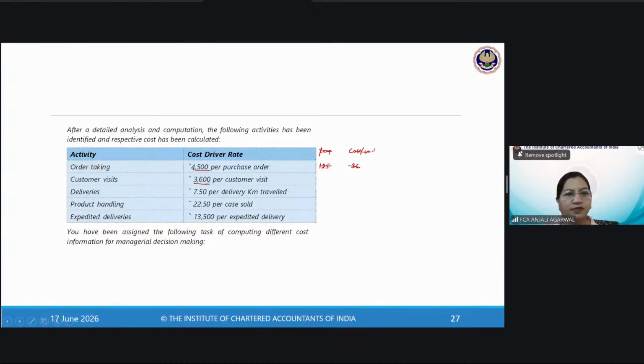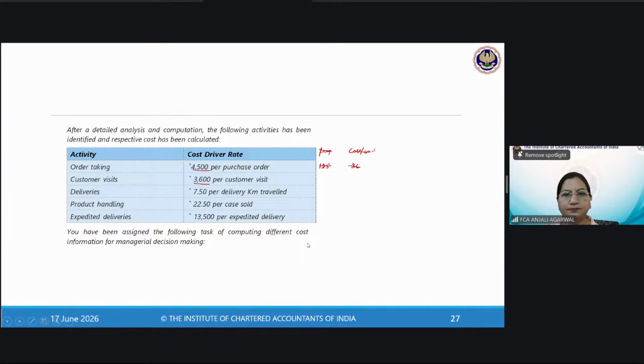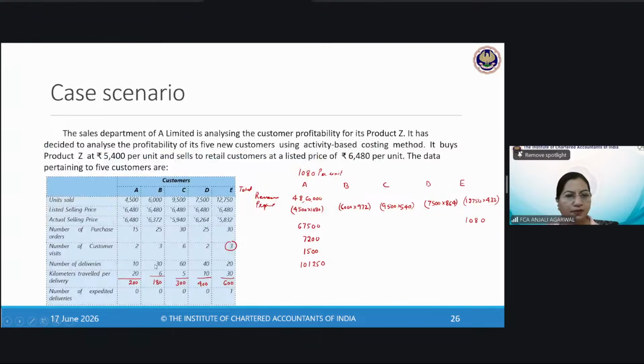Order taking is 4,500. Deliveries are 7.5. Product handling, expedited delivery 0. So number of deliveries is used to multiply, and then 7.5. So this is the total cost of customer A: 67,500 plus 7,200 plus 1,500 and plus 101,250.